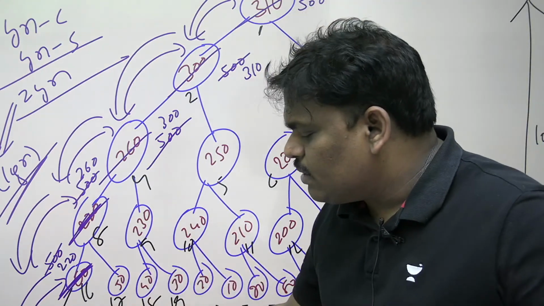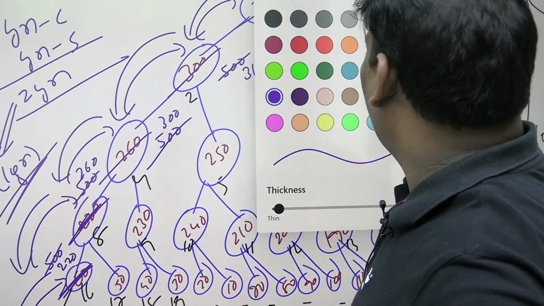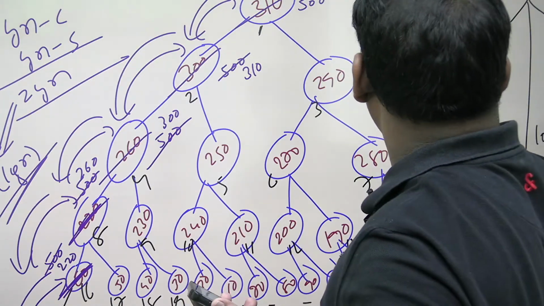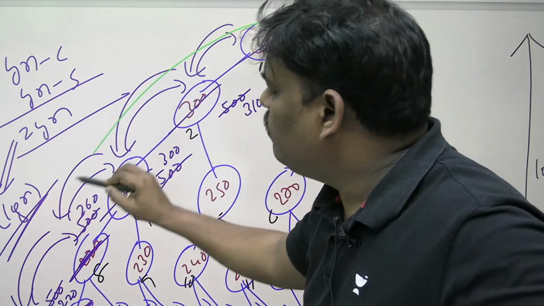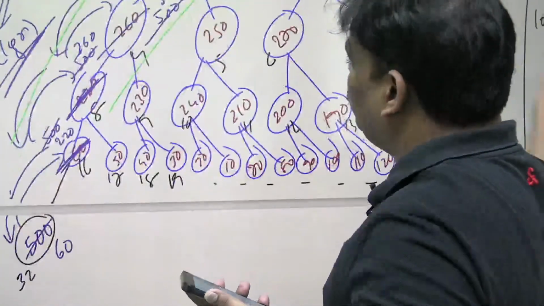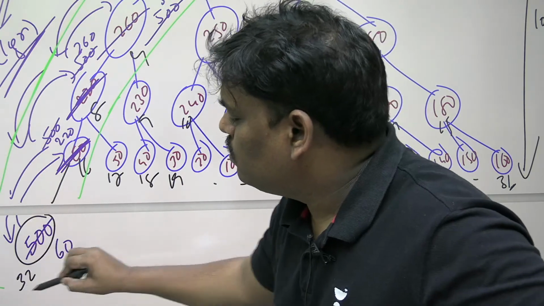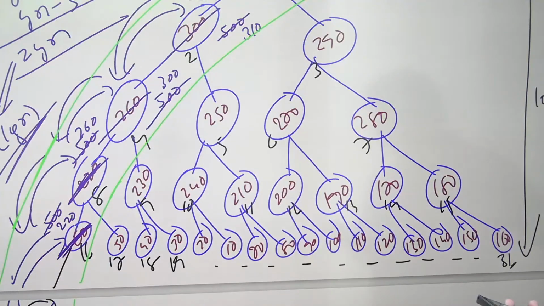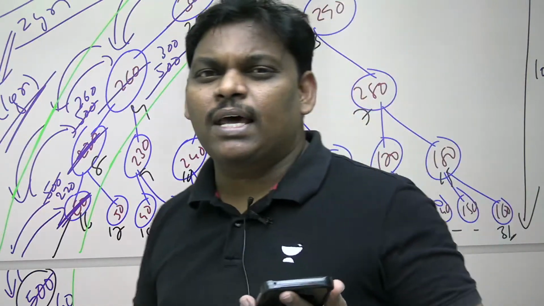In this path, let me go for another color. Listen, everyone now. See this one. In this path, if you observe clearly, this is the path where you asked everyone.